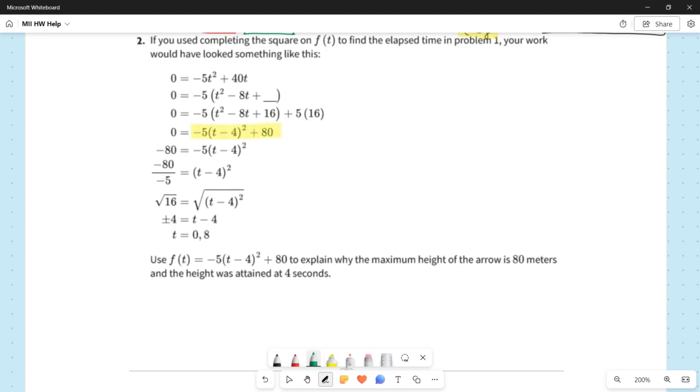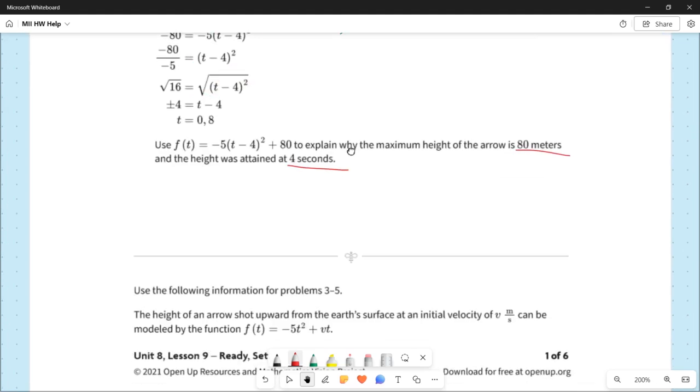Once you got to that step, we let that equal f of t. So use that to explain why the maximum height of the arrow is 80 meters and the height was attained at 4 seconds. So this question is ultimately asking us to explain why this works.